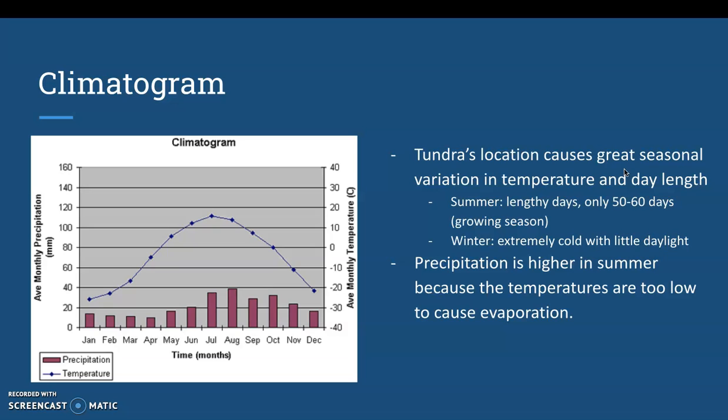In summer, it has lengthy days with only 50 to 60 days, which is a growing season, and in winter, it's extremely cold with little daylight. And in the bar graph, as you can see, precipitation is higher in summer because the temperatures are too low to cause evaporation that can cause rain.